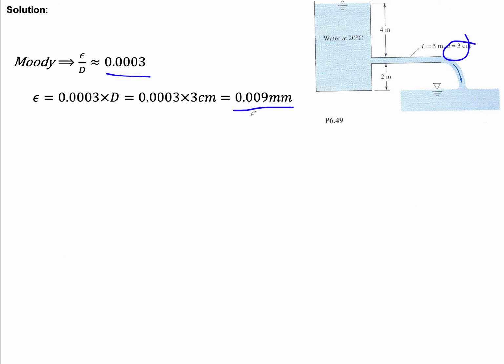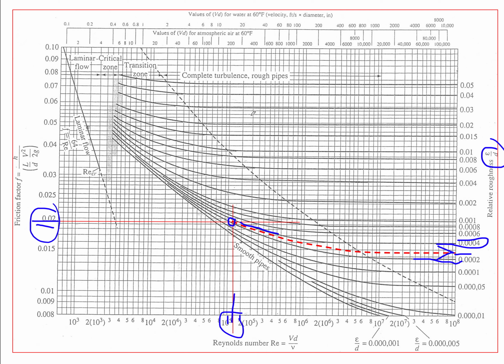And if we go back here to the Moody Chart, we see this is our smooth pipe. This is the only curve that's hydrodynamically smooth, and every other curve is actually a rough curve. But as you go higher with the curves, your relative roughness is increasing.